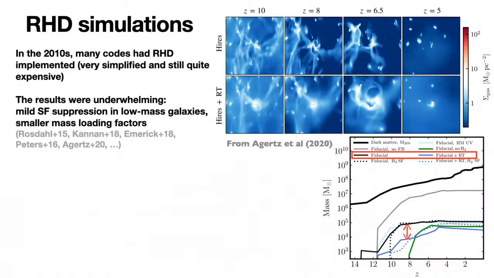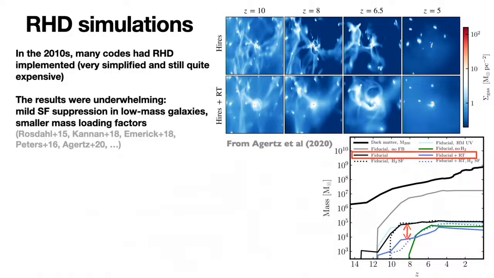And this turned out to have not very impressive effects on galaxy evolution in simulations. So there tends to be a little bit of suppression in star formation in low mass galaxies with radiation feedback. Not so much in massive galaxies. So here's a nice cosmological simulation of a dwarf halo at high redshift from Oscar Agertz.